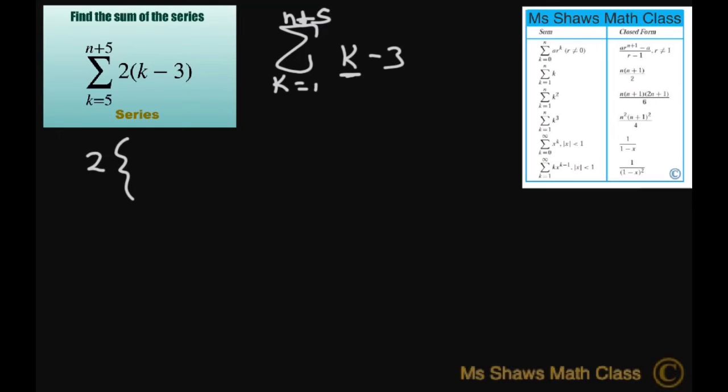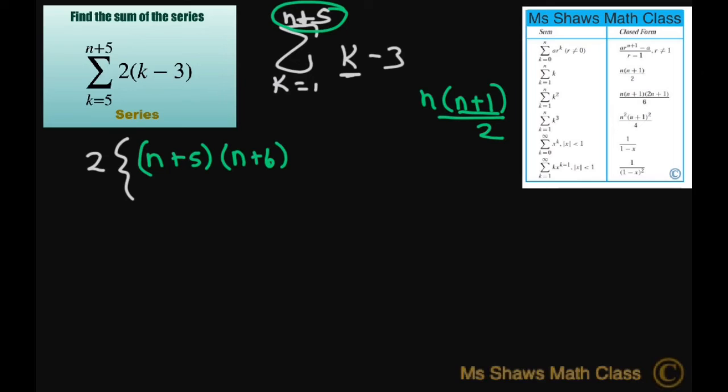You start with your n plus 5, and the formula I'm using is n times n plus 1 divided by 2. So n plus 5, and then the next one is n plus 1, so the next one's going to be n plus 6, all divided by 2. Now we have this minus 3, and this is n plus 5, 3 times. So you have to do 3 times n plus 5.